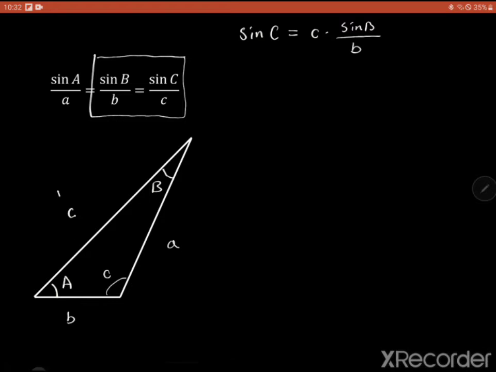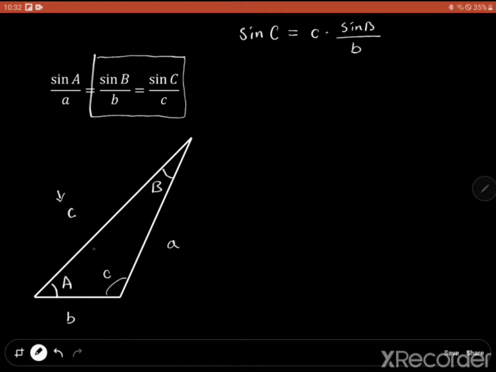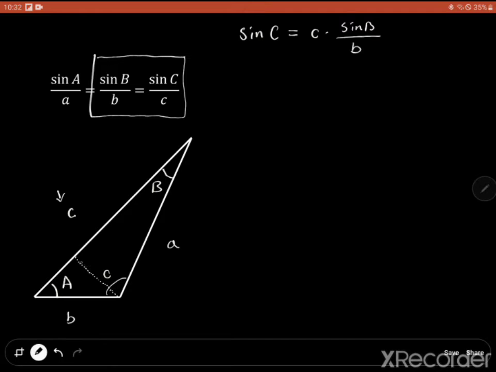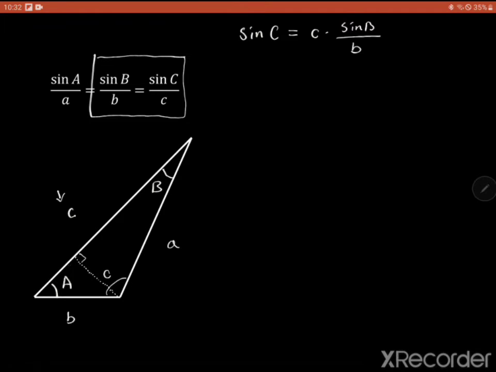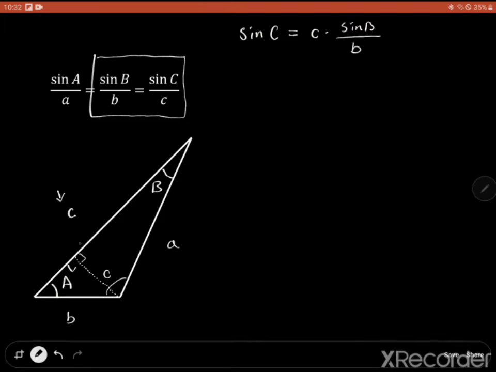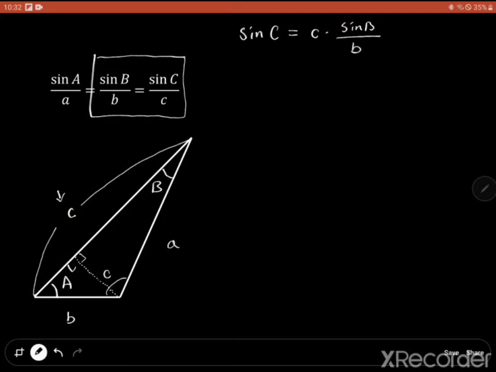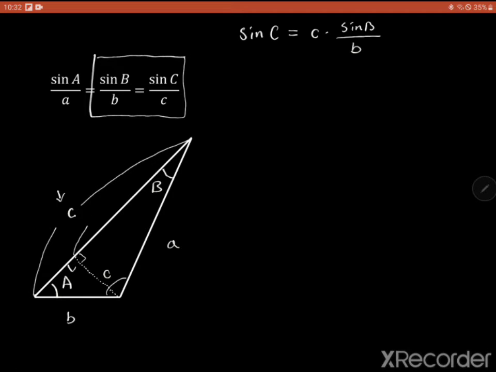Let's look at our figure. c is actually composed of the addition of two lines, so let me separate it like this. Of course, here are 90 degrees each. The length c is composed of two parts.